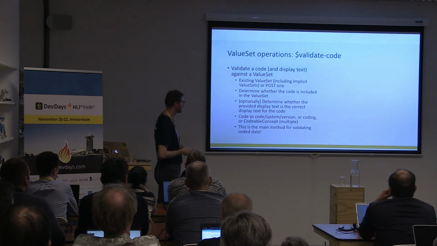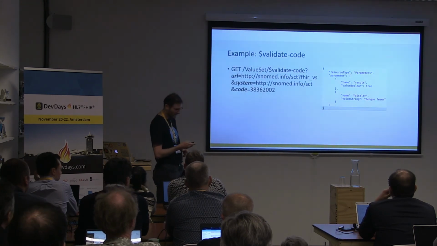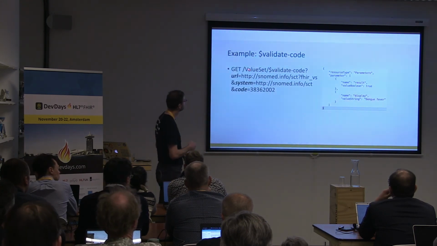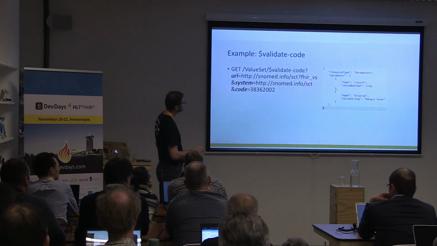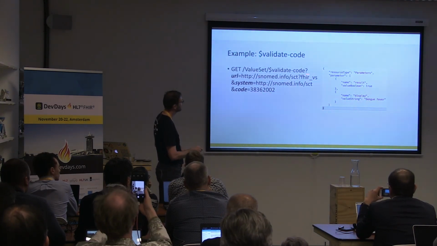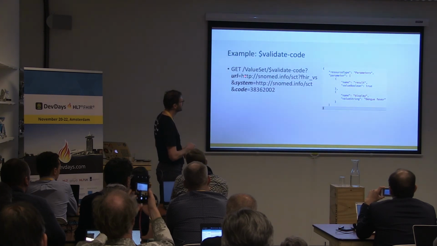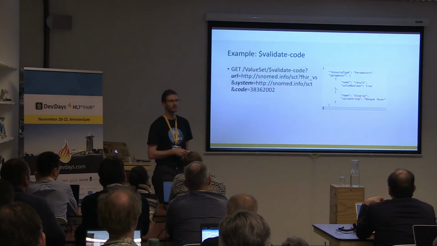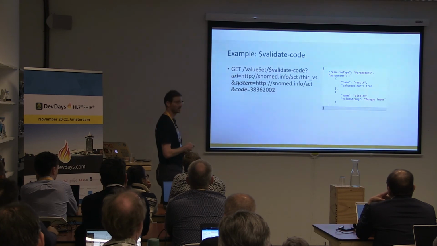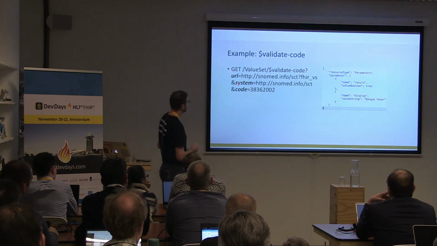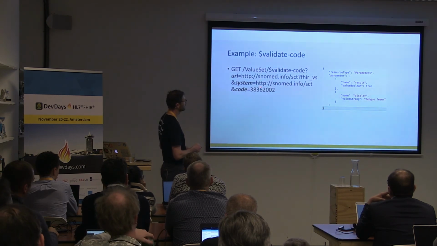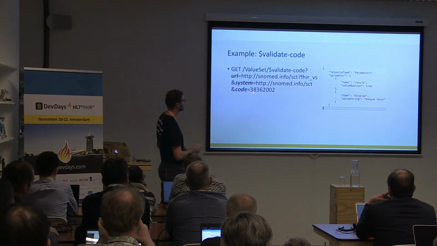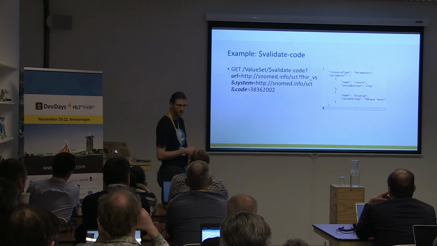So by way of examples, in this case I'm going to call validate code. I'm going to do it as a GET request. I'm going to validate it against this value set here using the URL parameter, and this is the implicit value set for all of the codes in SNOMED. So that's quite a lot. I'm going to pass in that the code I'm specifying has the system SNOMED, and the code is 383620002.